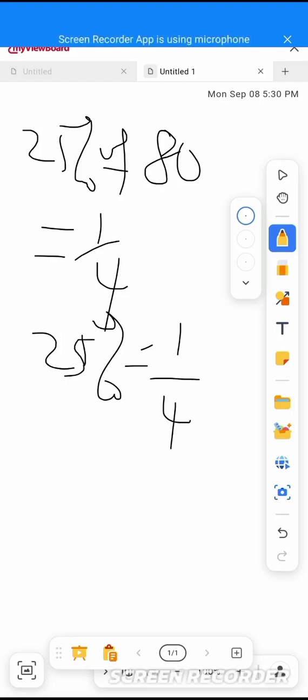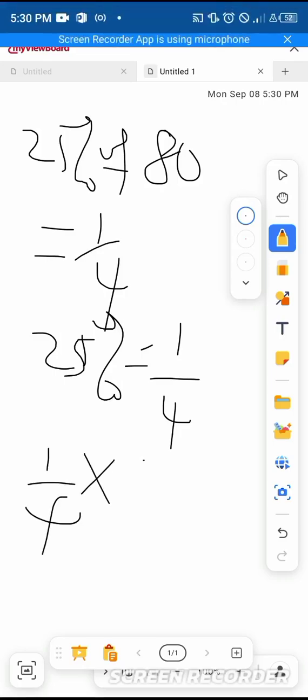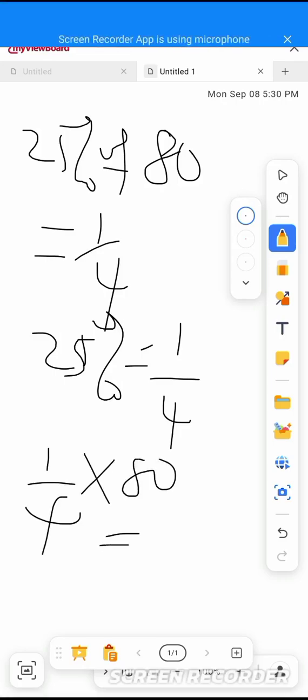So what you just need to do is say 1 over 4 times 80, which is 20. So that is 25% of 80. So at the end of the day, just imagine 25% to mean 1 over 4. Then 1 over 4 times 80 is 20. That is as simple as that.